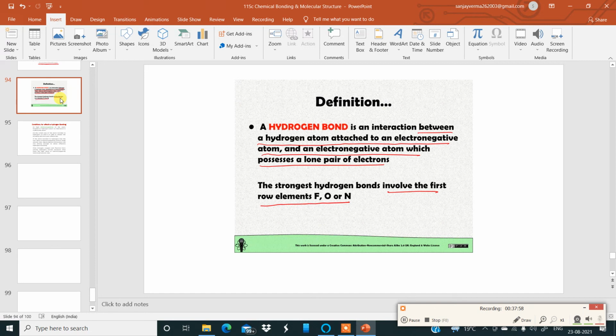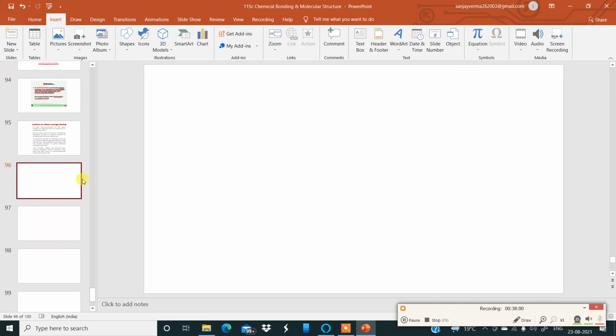Now, let me give you some examples. Suppose we have a lot of water molecules together. If there is an interaction between the oxygen of one water molecule and the hydrogen of another water molecule, this interaction is called a hydrogen bond.